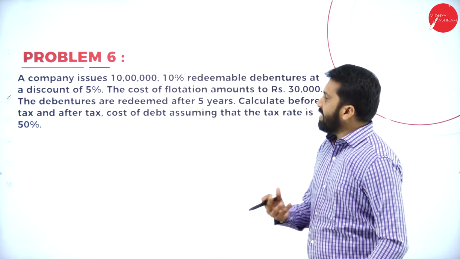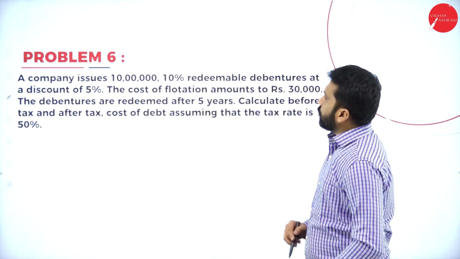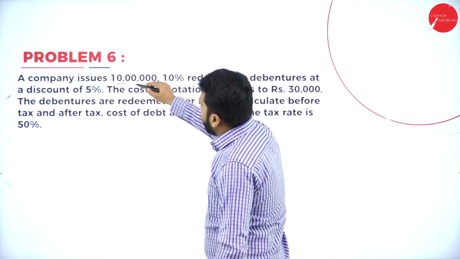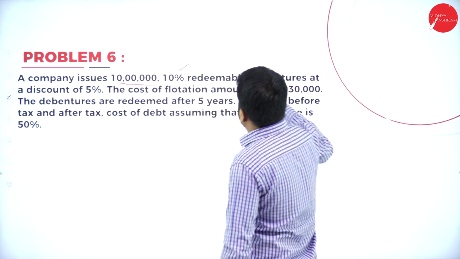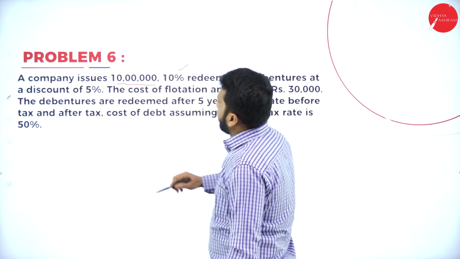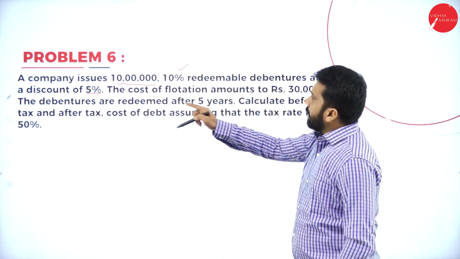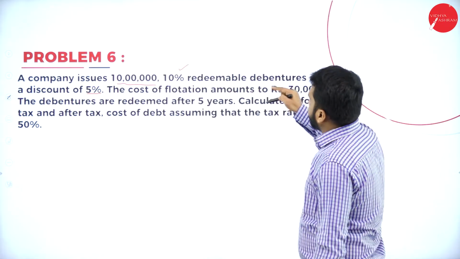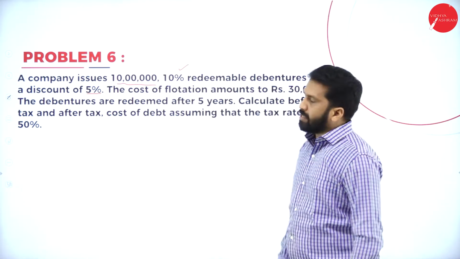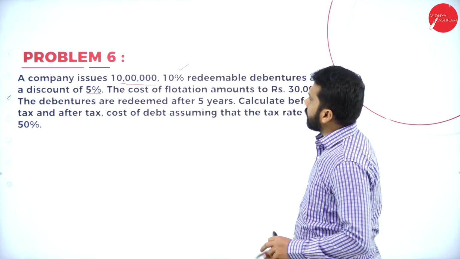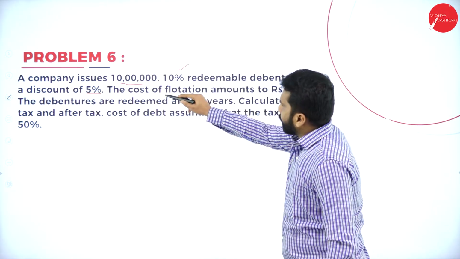Now, a company issues 10 lakh, 10% redeemable debentures at a discount of 5%. Now, the cost of flotation.